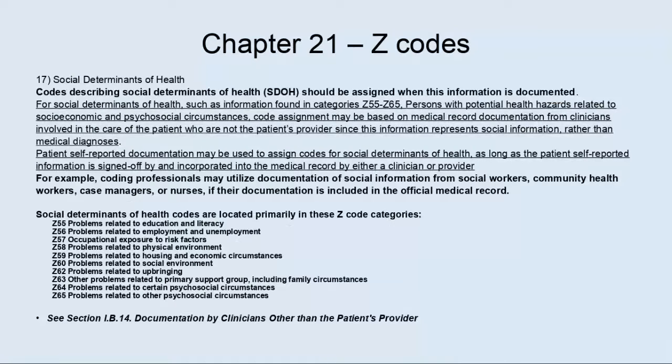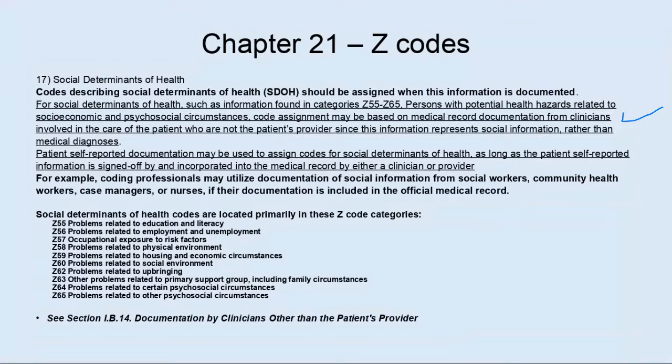A new section was added in the Z codes chapter for social determinants of health. So the underlying section, this here, was moved from the general guidelines to this section. Again, this section also confirms that social determinants of health codes can be documented by clinicians other than the provider.